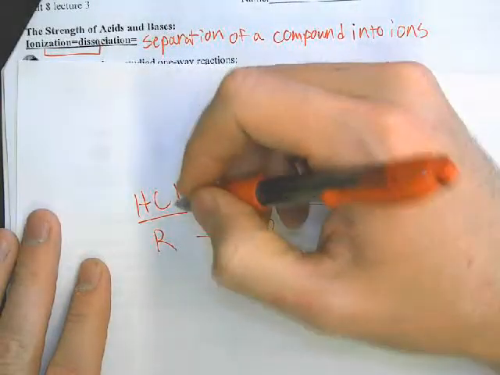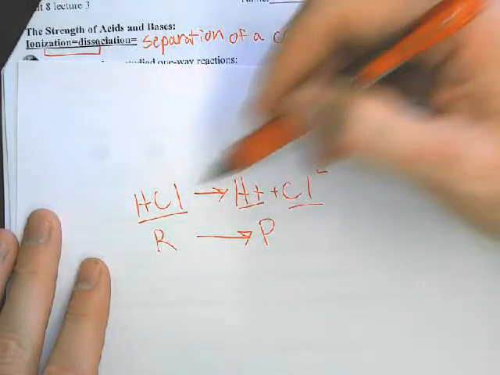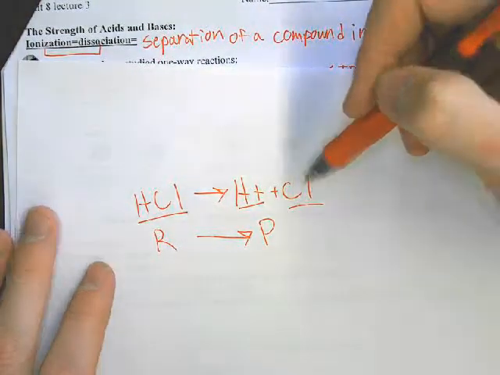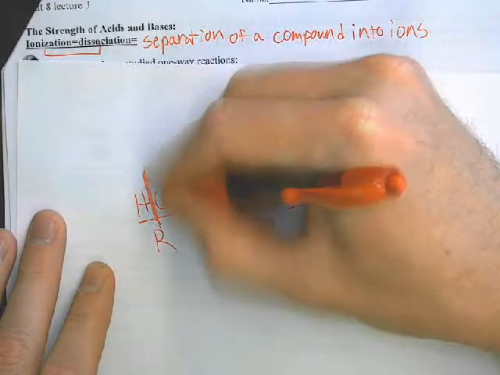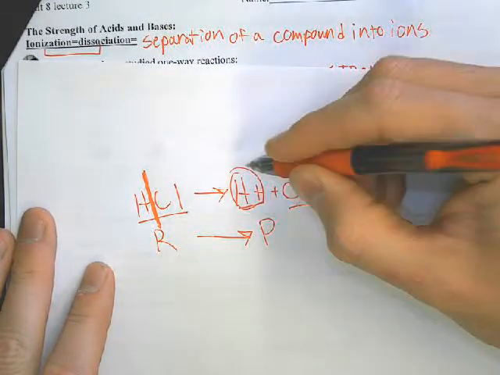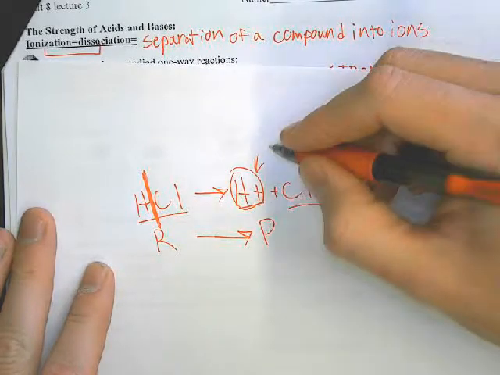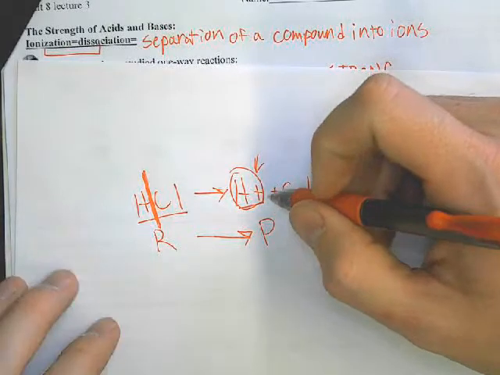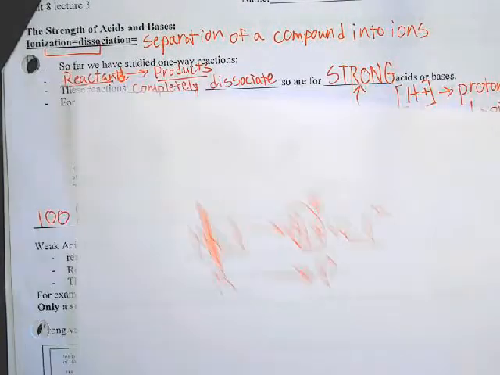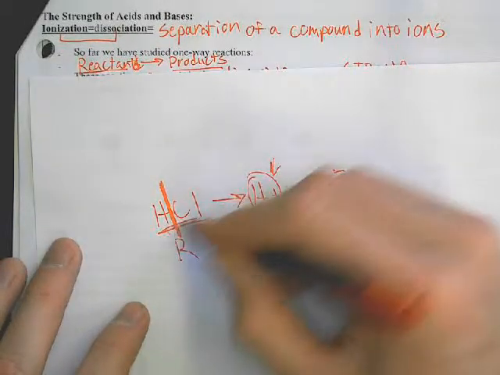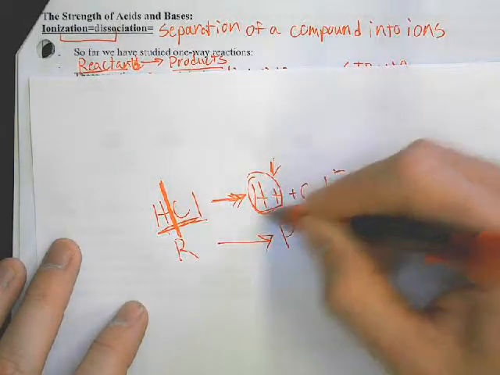Every single HCl molecule turns into an H plus and a Cl minus. All of them split right down the middle. The H plus is our attack dog. The more attack dogs, the more piranhas, the stronger the acid. Next we'll look at weak acids, and not all of them convert to H plus.